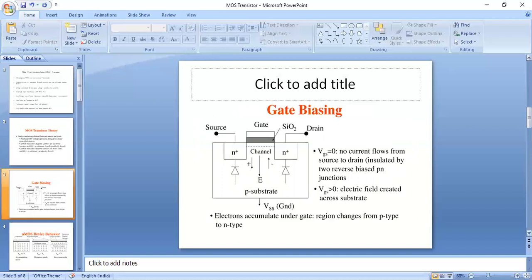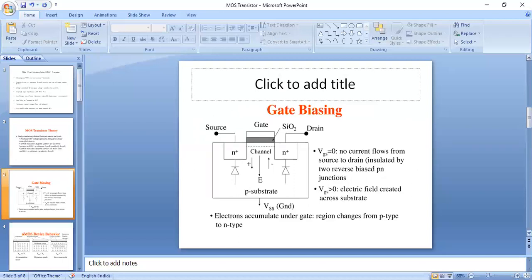Let me explain the gate biasing, how the biasing takes place within the device. A positive voltage is applied between the source and drain, like VDS, with 0 gate bias voltage. What will happen? No current flows between source and drain because they are effectively insulated from each other by the 2 reverse biased PN junctions. Let me assume that first.